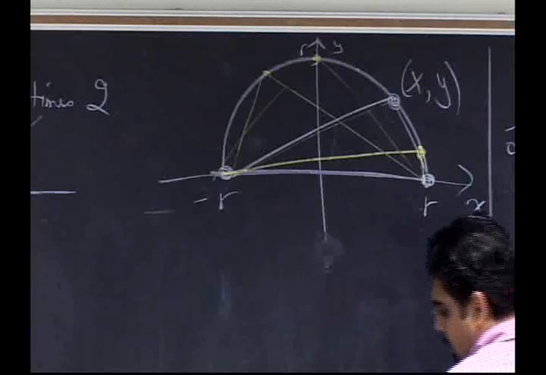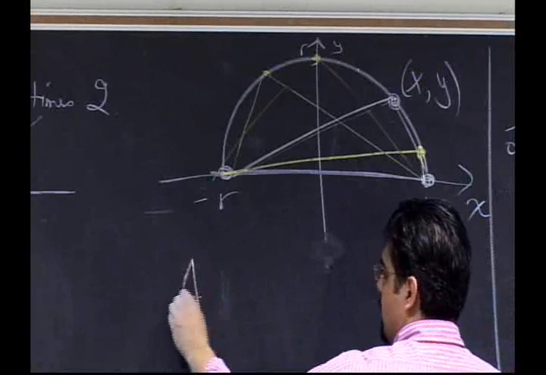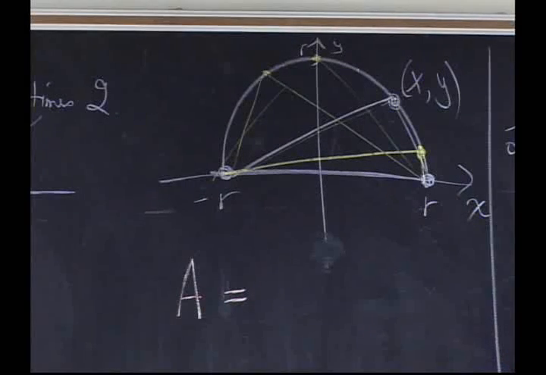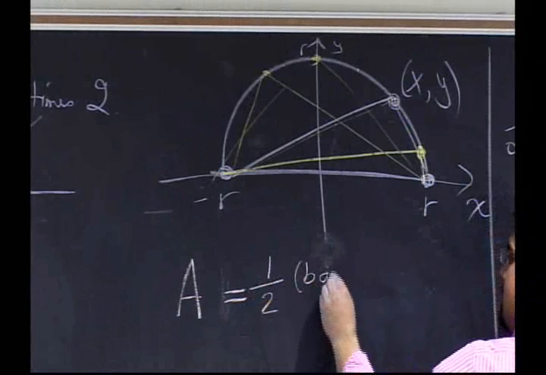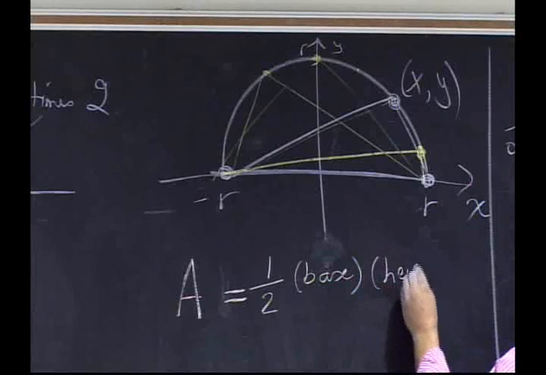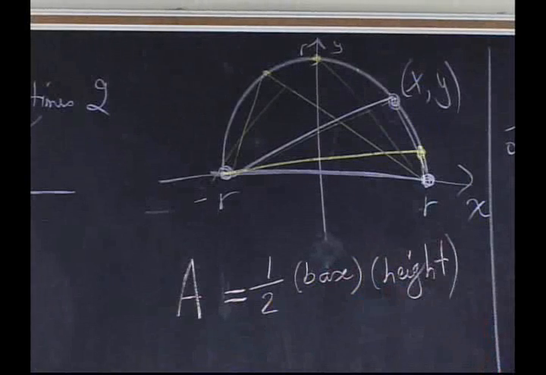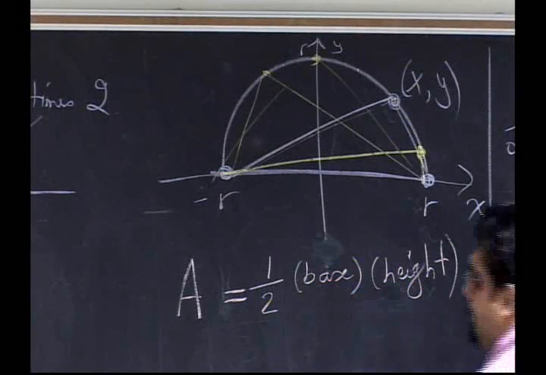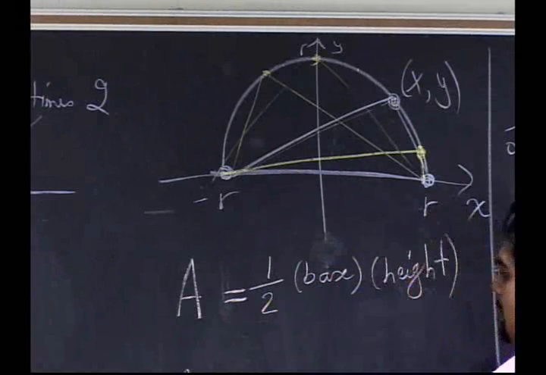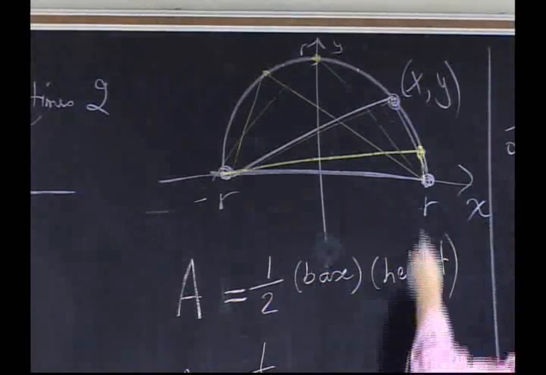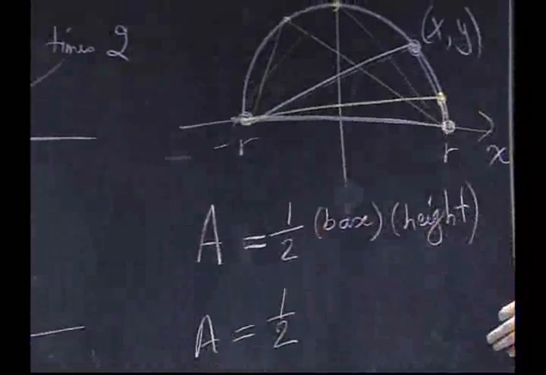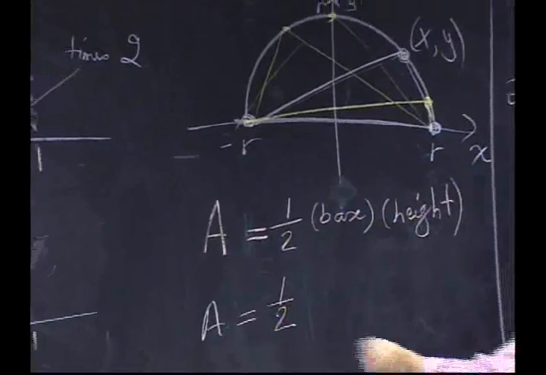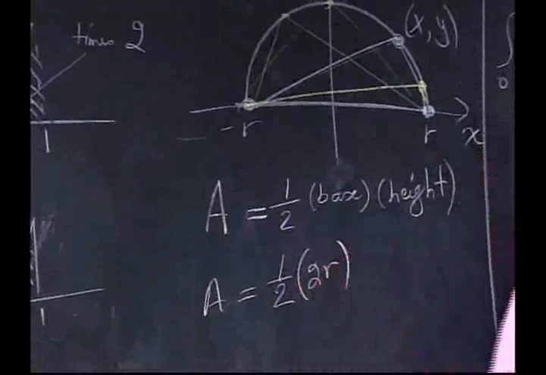So you have to define a function, an area function. Well, the area is half times the base times the height. So that's half. The base is always the diameter for all these triangles, which is 2r.